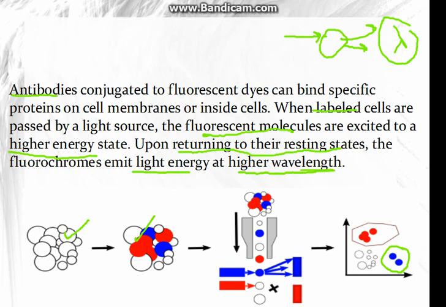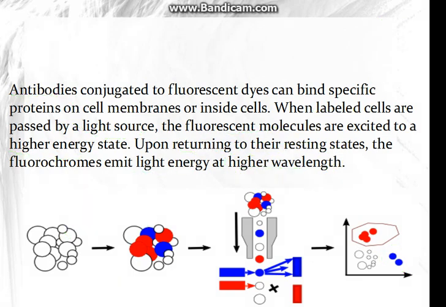This is known as the emission wavelength. This was the excitation wavelength, which was this one. Then this emission wavelength we check, and according to that we will interpret it. By this we will understand the immunophenotype of the cell.